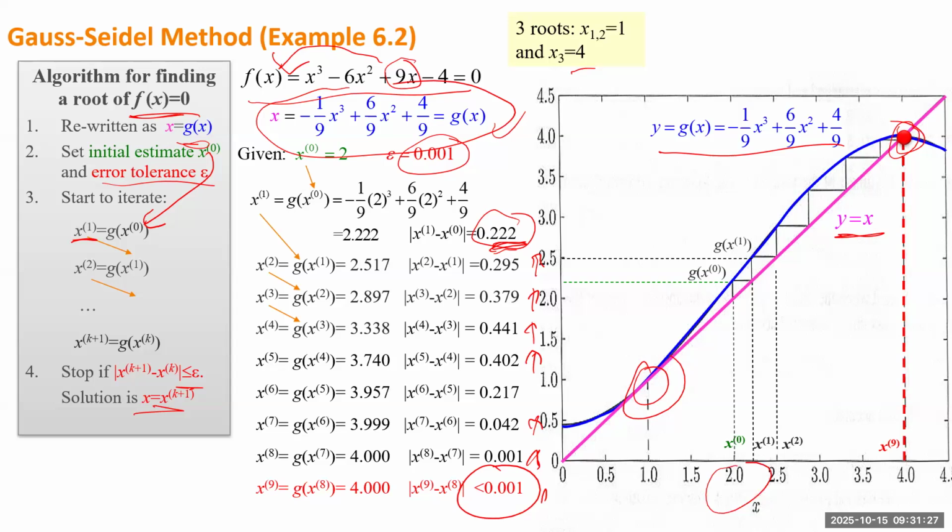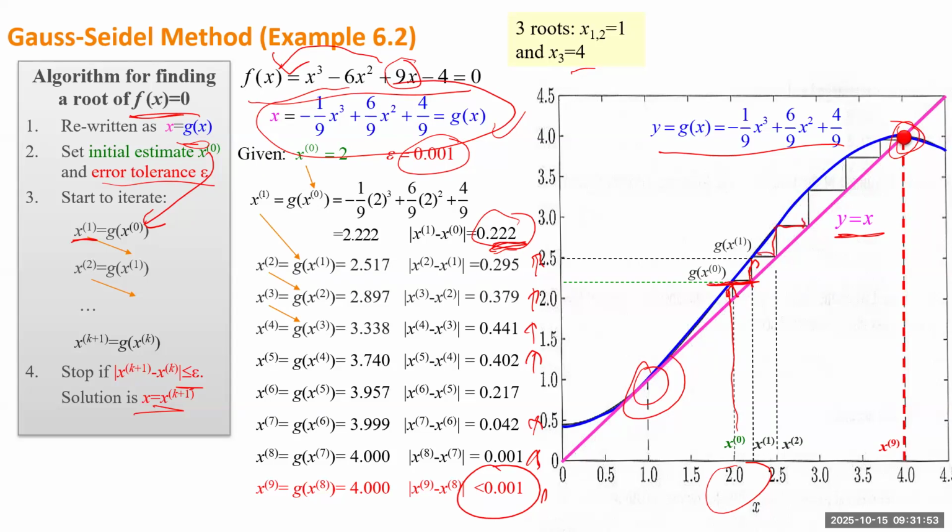So we start from the initial guess and go through this process. We first plug into this blue curve, which is equivalent to moving up, following this vertical line. Then we plug back into the nonlinear function again, which is equivalent to moving to the right, following a horizontal line. Then we plug back into the vertical line.